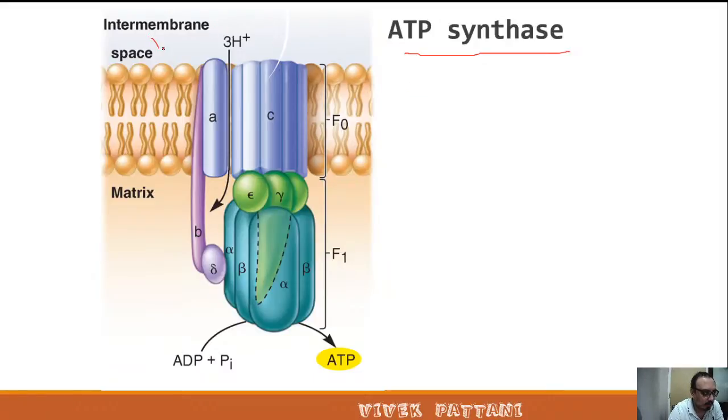Here is the intermembrane space, and this part is the mitochondrial matrix. This part is F0 and this one is F1, and this whole thing functions in a rotary manner.